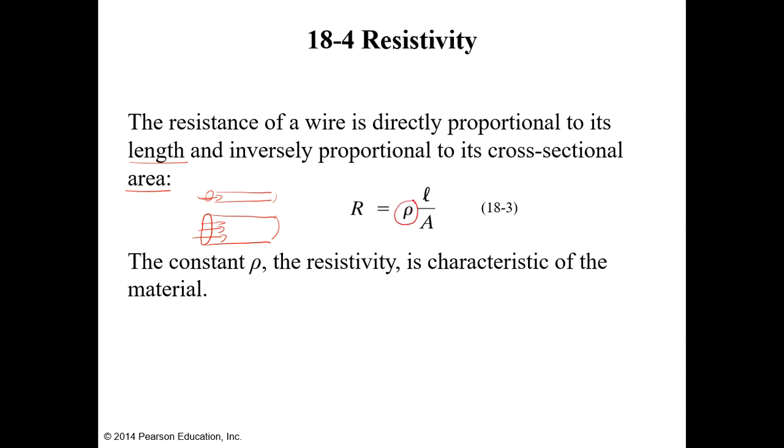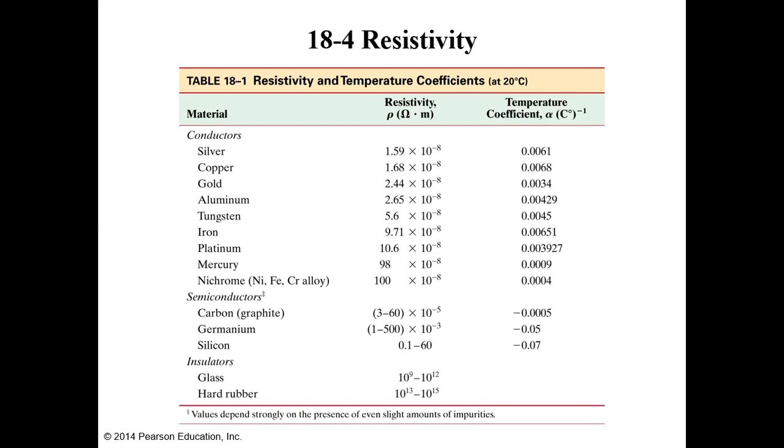And so we indicate that characteristic here using the Greek letter rho, and this is called the resistivity. Resistivity is simply a characteristic of the material. We don't care how big it is, how long it is, how wide it is. All that we care about is what it's made of, and one other thing which I'll explain here in just a second.